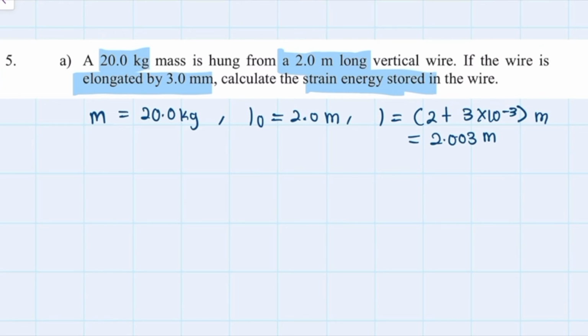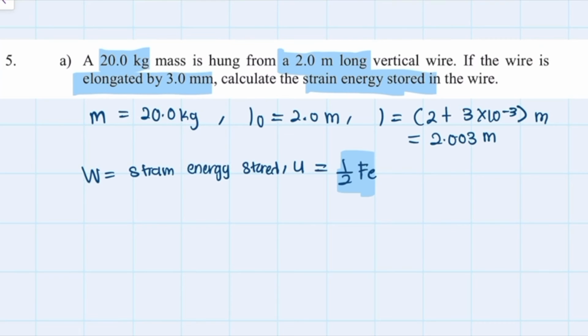Okay, strain energy stored is the same as the work done by the wire. So the formula is energy stored, which is U, equal to 1/2 Fe. So this is the formula for strain energy stored.